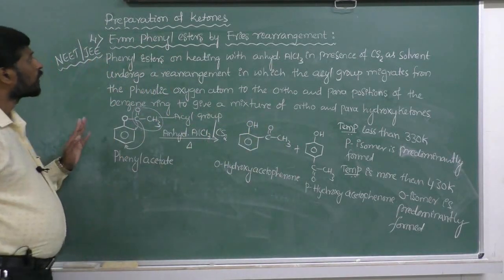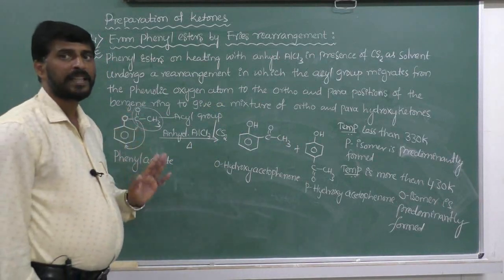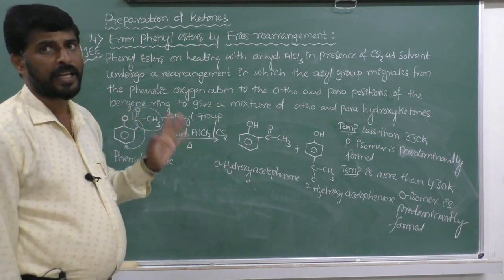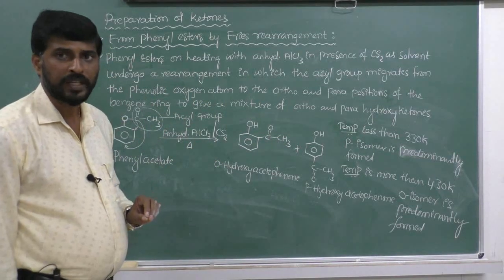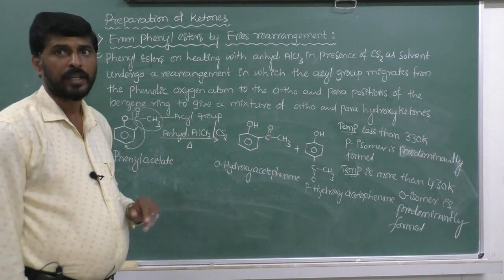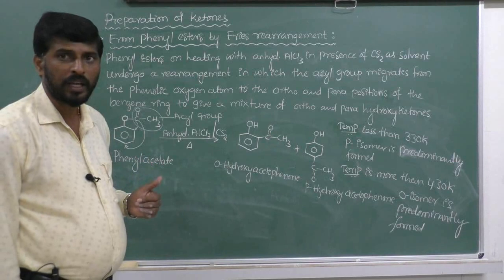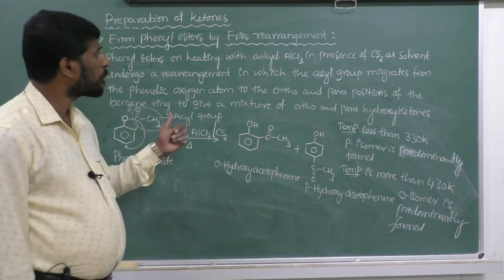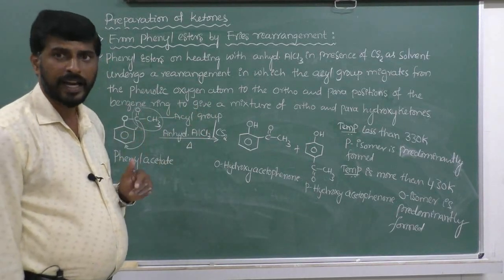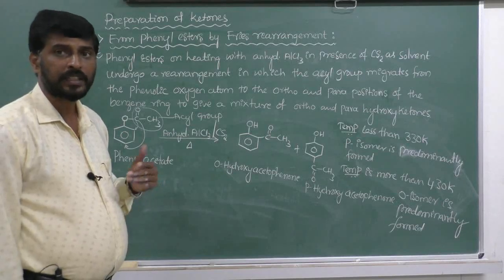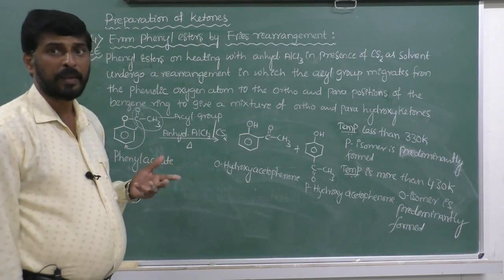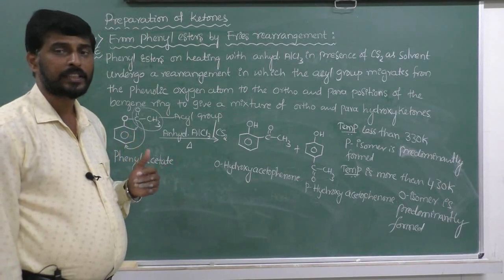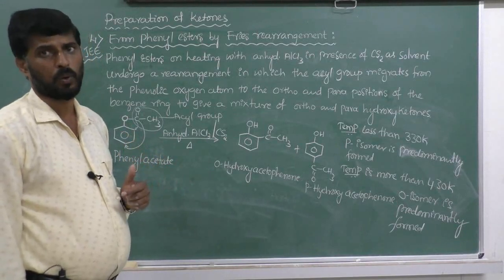So this is about the different methods of preparation of ketone. Okay students, I will stop it here. In the next class we will discuss the physical properties of aldehydes and ketones. Next we will move on to the chemical reactivity and the structure of the carbonyl group.